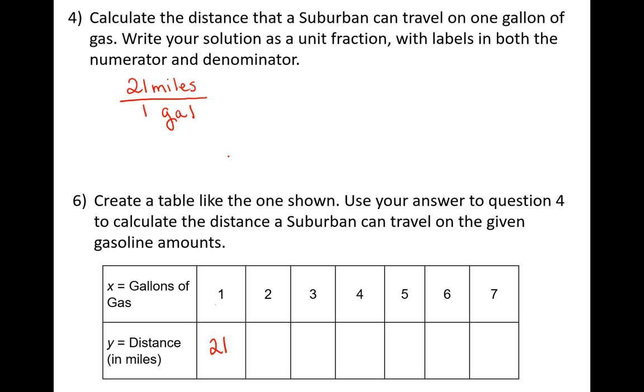If we have 2 gallons, what you would have to do is take this rate, 21 miles per gallon, and multiply it by 2 gallons, and you end up getting 42 miles. You can see each additional gallon gives us 21 additional miles.